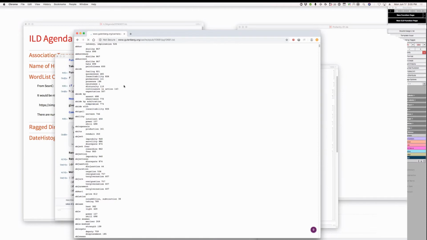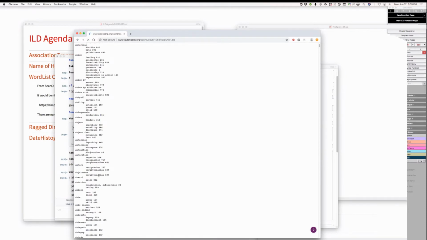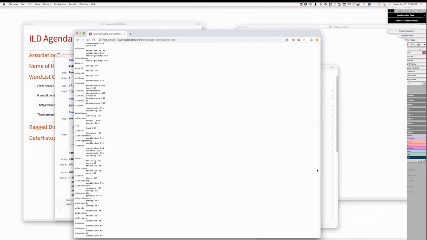What on earth is that word? Tergiversation? Great. Well, the language has changed a bit. That's a great word.